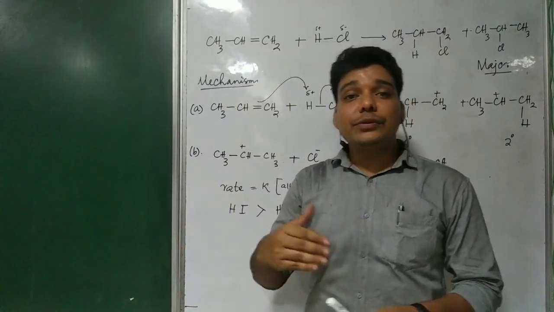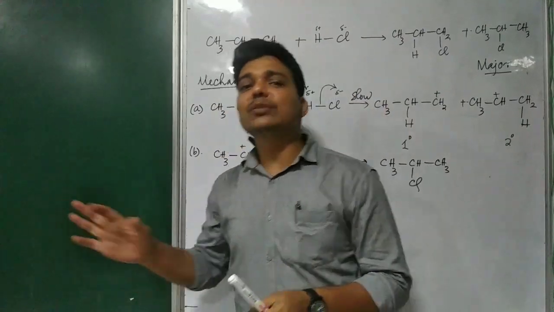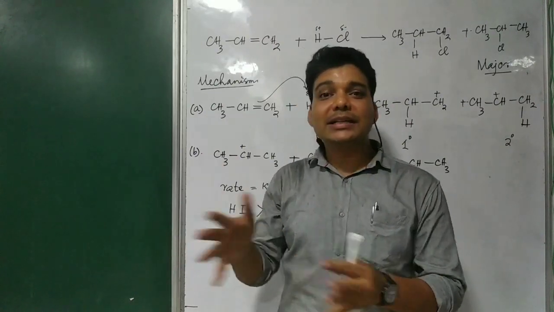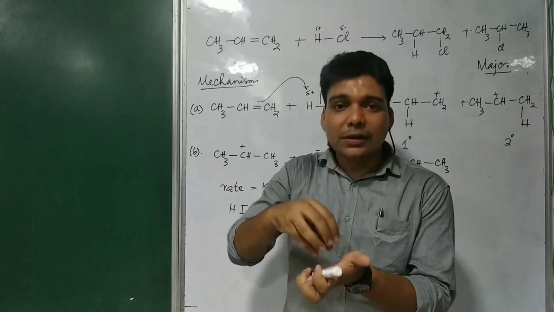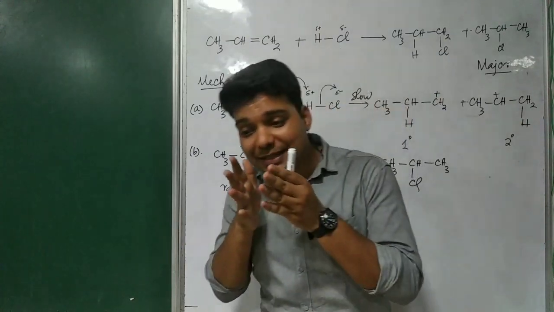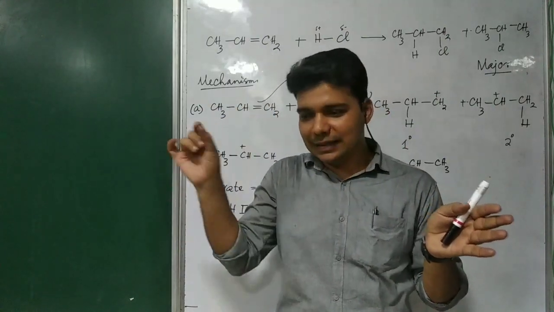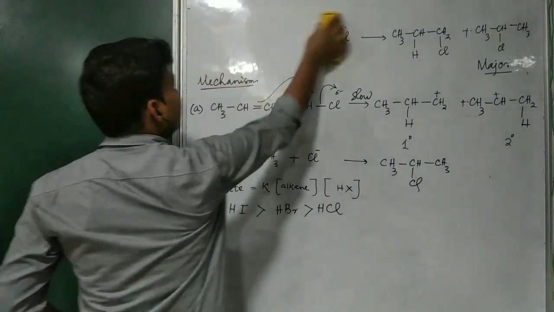Similarly, if we compare the relative reactivity of various alkene molecules towards a given halogen acid, now we will fix the halogen acid. We will consider one halogen acid. Towards the same halogen acid, we will compare the relative reactivity of various alkenes. Let me consider three alkene molecules here.